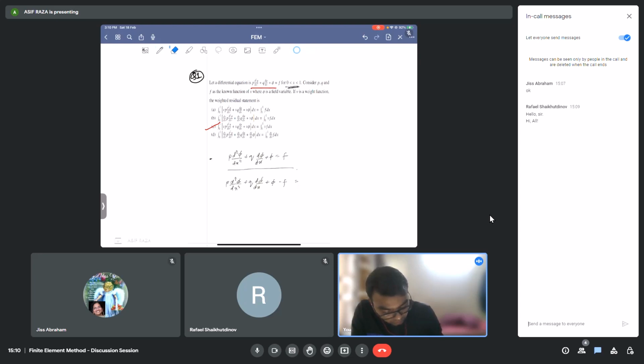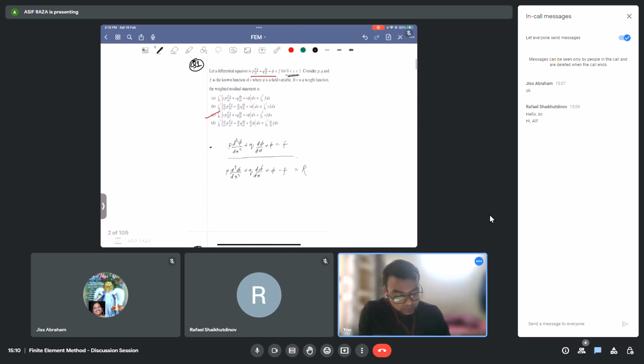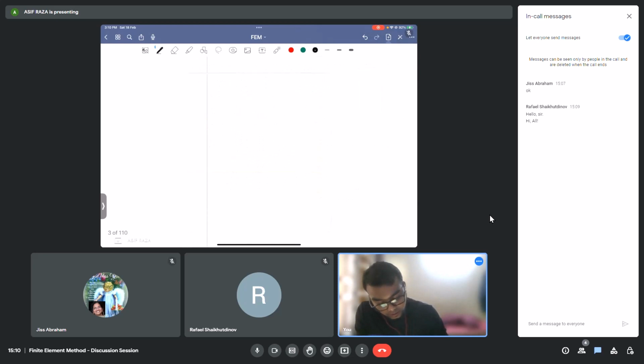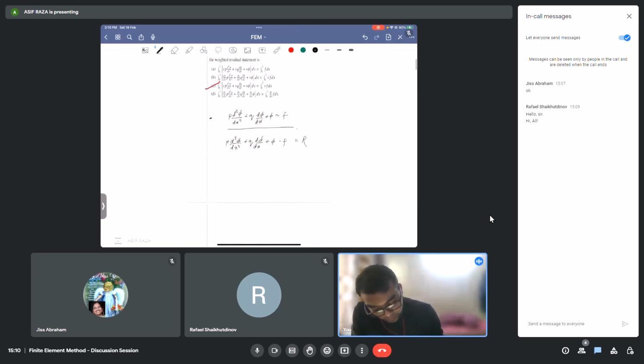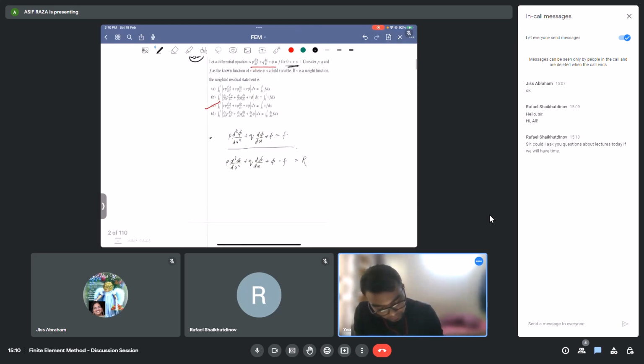This is what we call the residue. When we multiply in the weighted residual method, we multiply this residue with the weight function, integrate it over the domain and take it equal to 0.